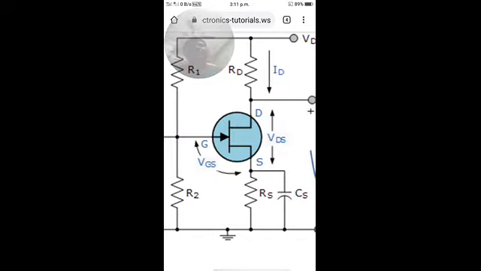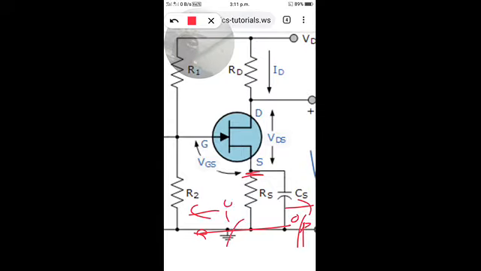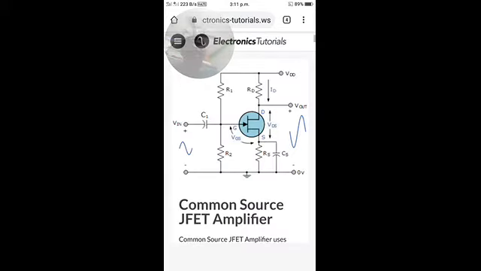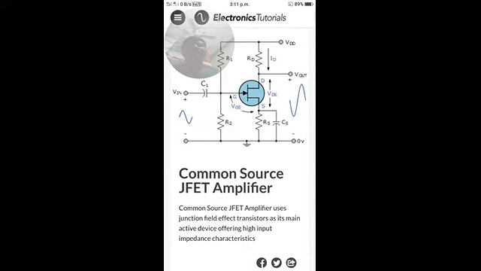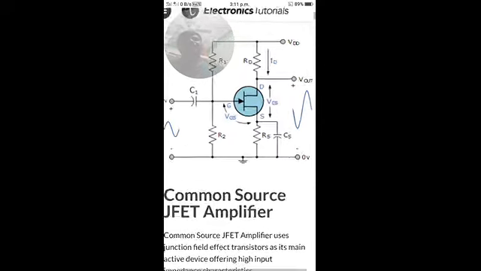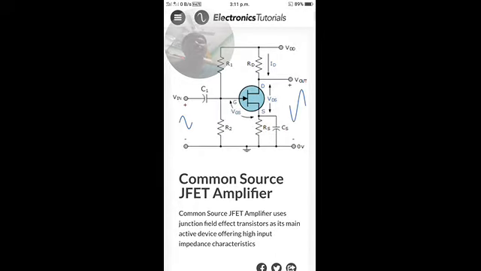The source terminal is common between the input and the output side, the gate acts as input, and the drain acts as the output terminal. So the JFET is the main active device, and it is going to offer high input impedance compared with the BJT.